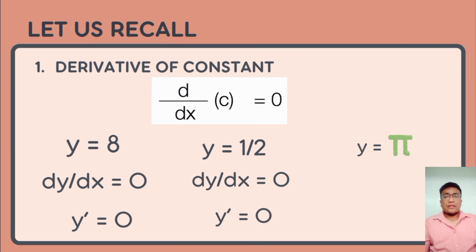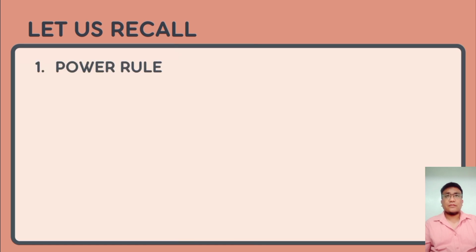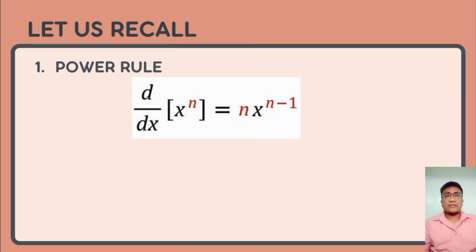So if we derive pi, we will arrive at also the value of 0. So let us recall one of the most important formulas in derivative, the power rule. The power rule states that d over dx of x raised to n is equal to n multiplied by x raised to n minus 1.